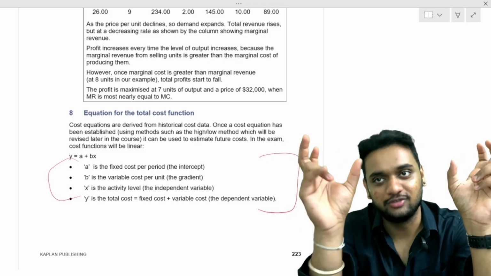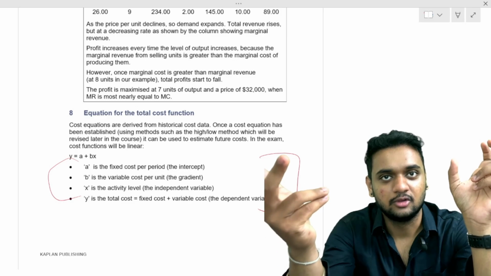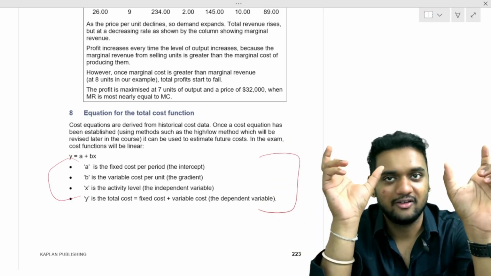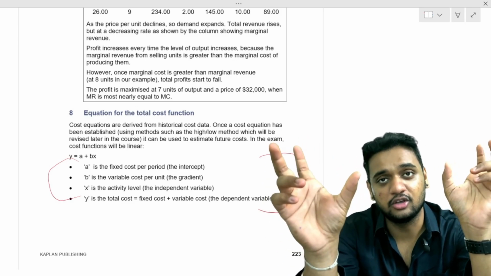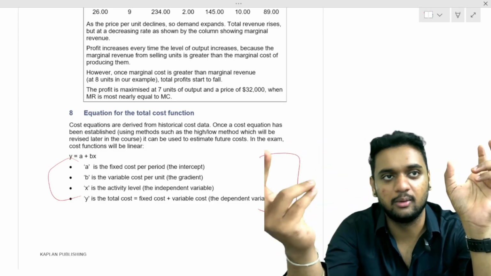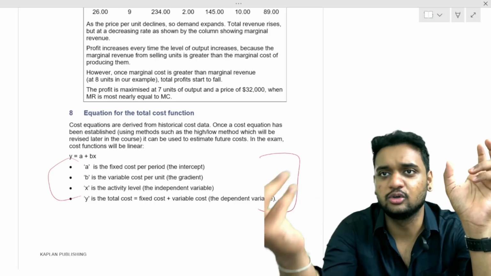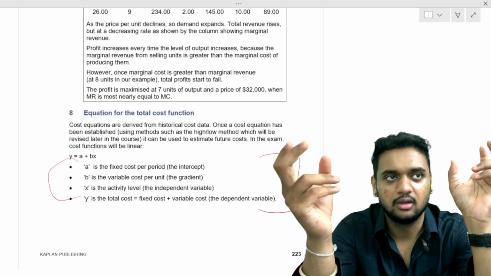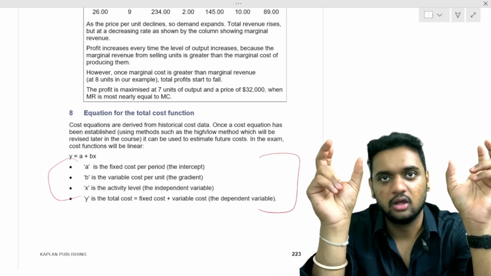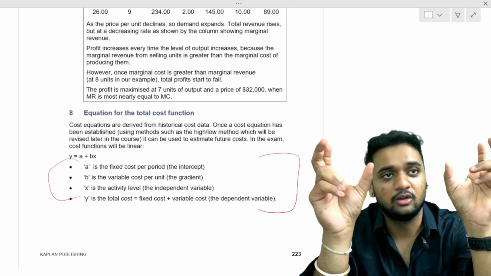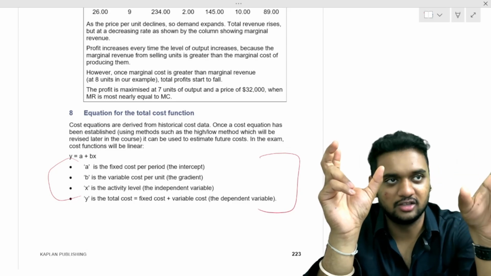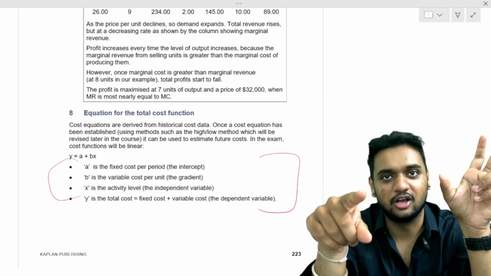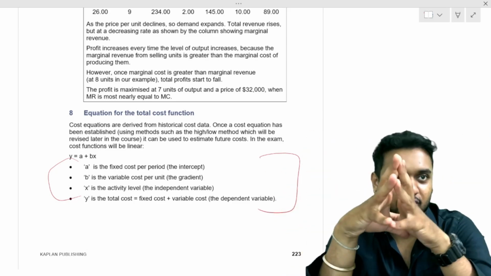To find the total cost, you take total variable cost. How will you find the total variable cost? Variable cost per unit into number of units. So what is the total cost formula? Fixed cost plus variable cost per unit into number of units.